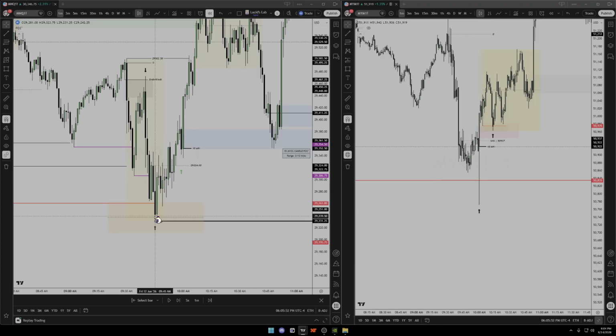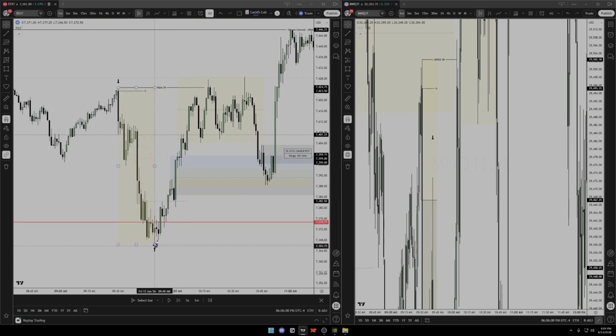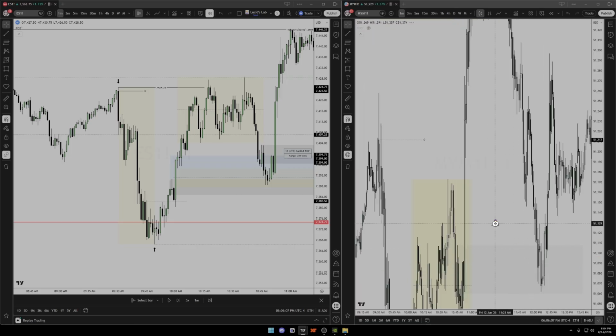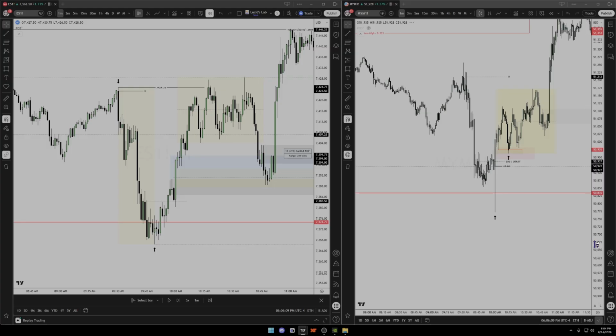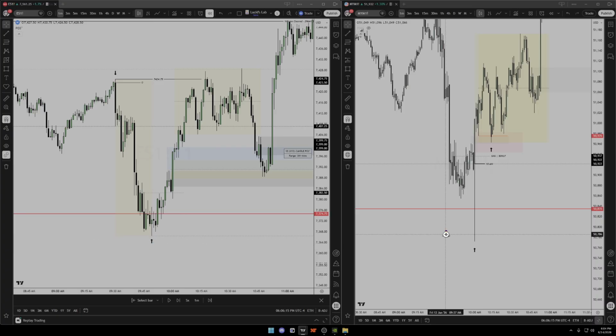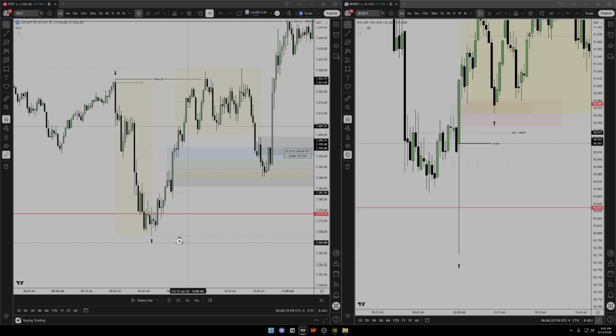But notice how we've already swept the data low on NQ, and we also swept the data low on ES at least 5 to 10 minutes before the sweep happened on micro NQ. If you want me to give you an exact amount of minutes, we got the sweep here at 10 o'clock. Then looking at where the sweep happened on ES, 10 o'clock it happened here.